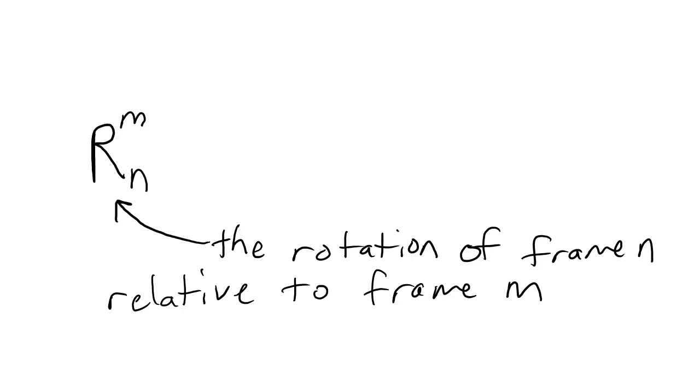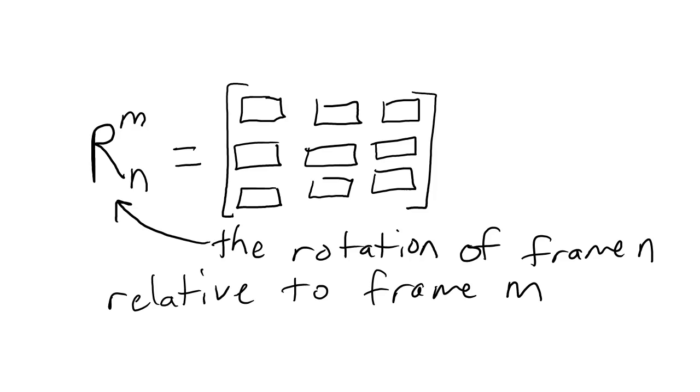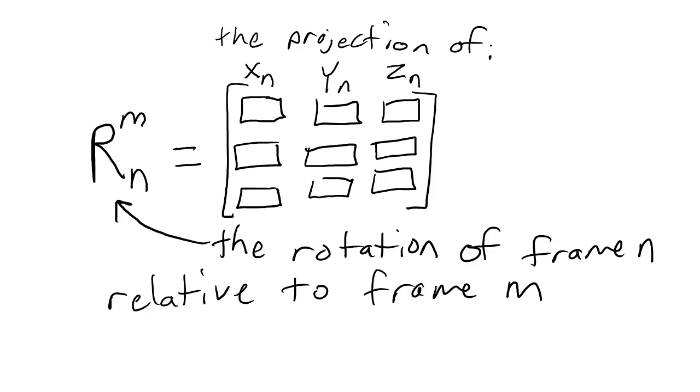The rotation matrix is a 3x3 matrix that tells us the projection of the x, y, and z axes in the n frame on the x, y, z axes in the m frame. We used a matrix like this to figure out the rotation of the end effector frame relative to the base frame in our robot manipulator.